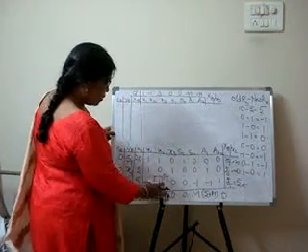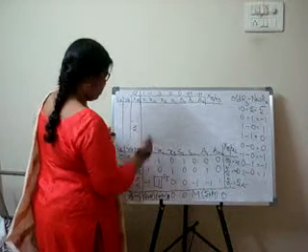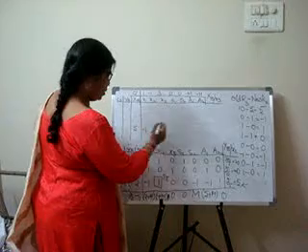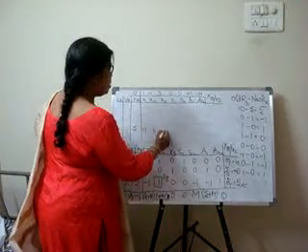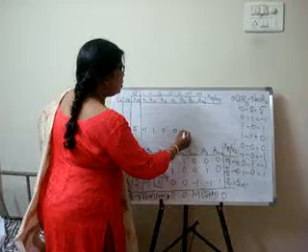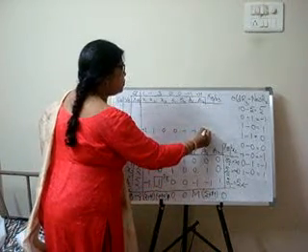And the third row, our pivotal row, would be 5, minus 1, 1, 0 and 0, minus 1, minus 1 and 1.